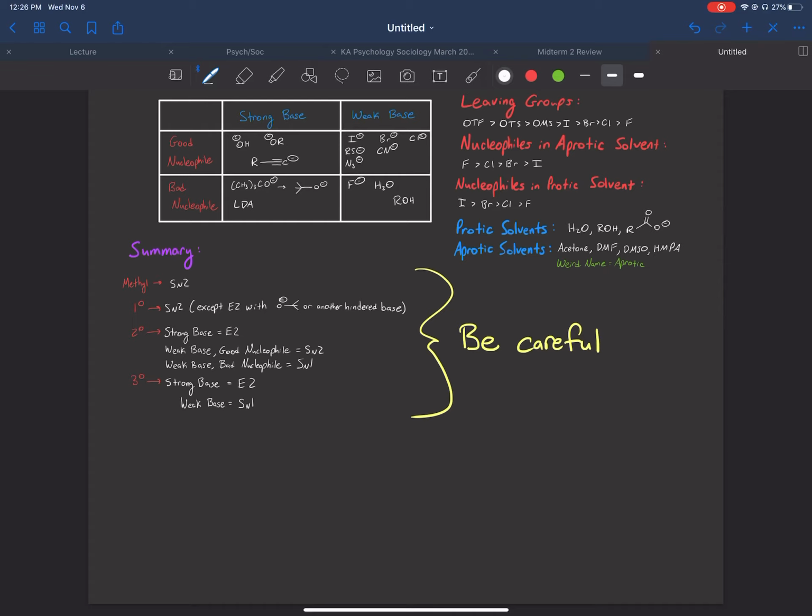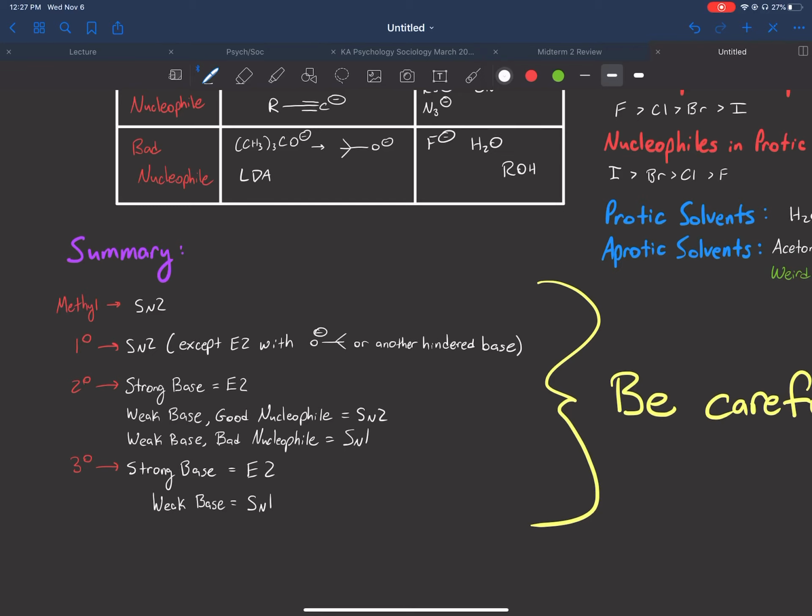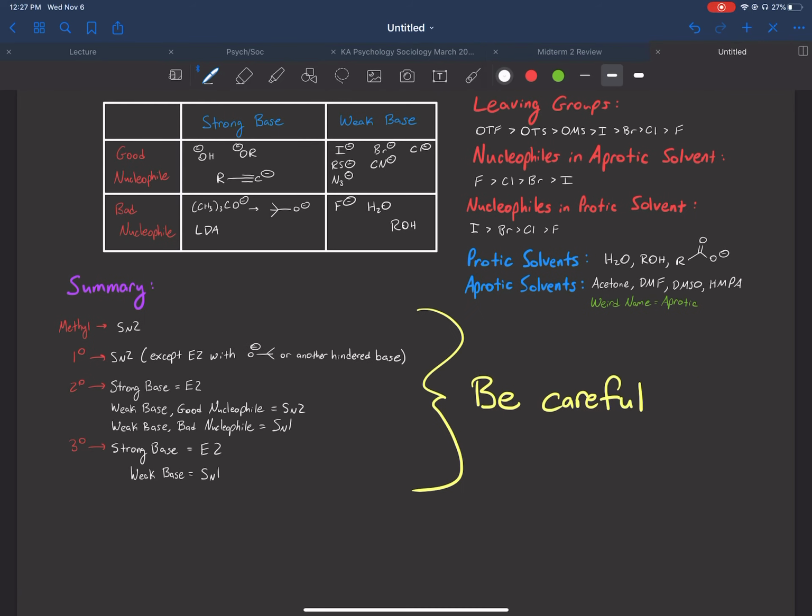So now you're thinking, wait, how can a primary leaving group be really bad with SN2? Well, we had to think of beta branching, but your chart here doesn't tell you beta branching, okay? So remember, this isn't a chart that will 100% get you through everything.